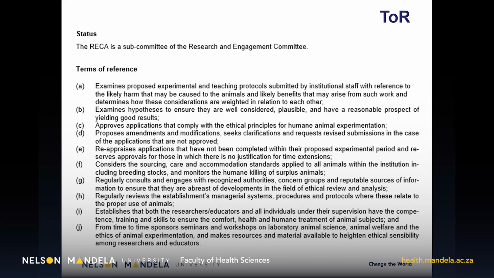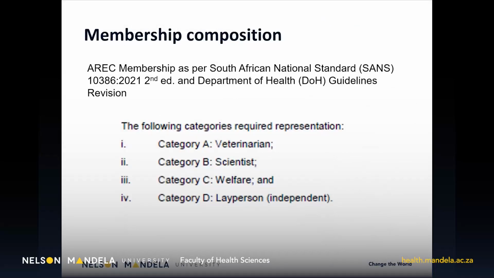So we've got specific terms of reference that the Animal Ethics Committee must follow, similar to Rec H. The membership composition is prescribed, similar to Rec H, which is different.